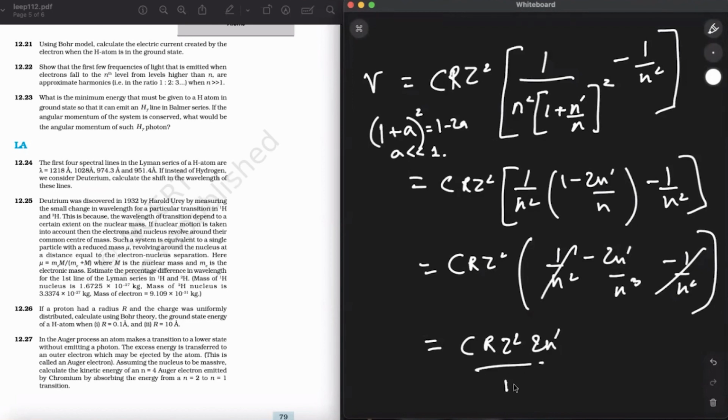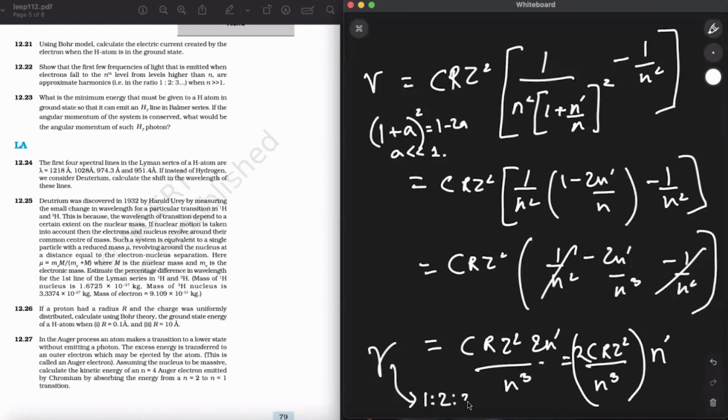Now, 2CRZ square upon n cube is acting as a constant and we are only left with n dash. And now the value for this n dash is in the ratio 1:2:3. So the frequency will also be in the ratio of 1:2:3 and so on. In the same harmonic fashion, it will move on.